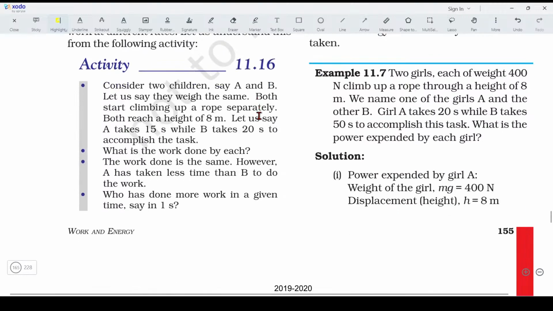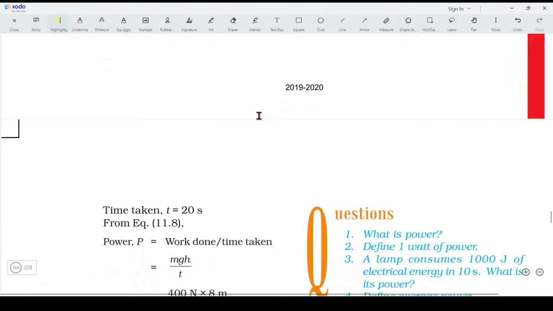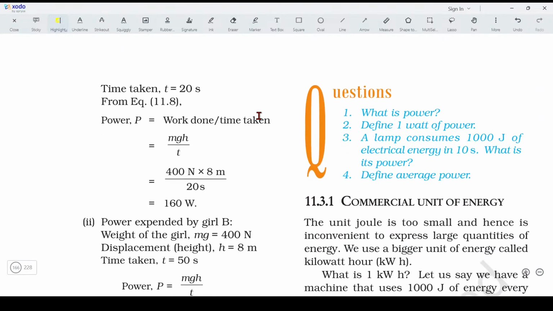Cool. So we'll stop here. You do the revision. Which all chapters do we still have to do revision? I think we have done revision one round at least for all the chapters, no?